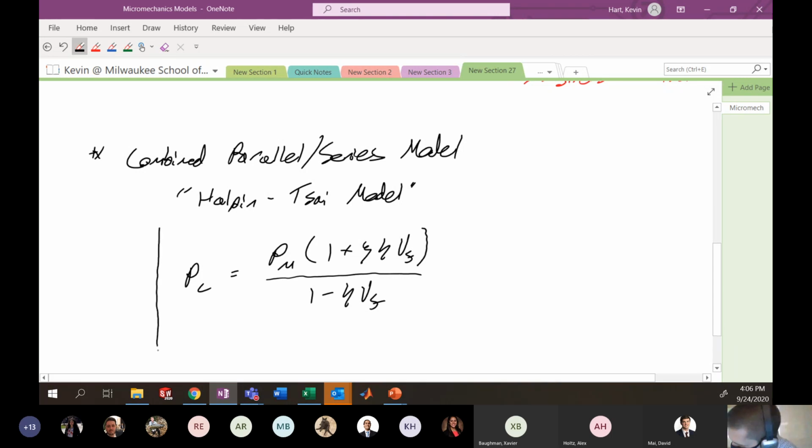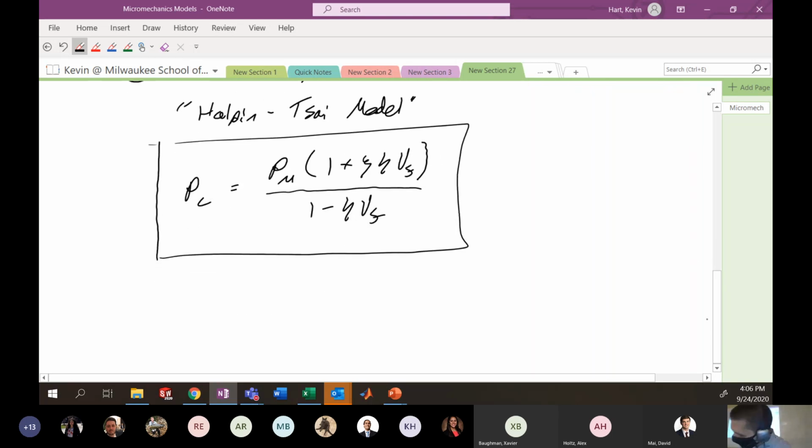Okay, so here's your Halpin-Tsai model, and let's be clear about what the xi and eta are. So xi is an empirical value from experiment.